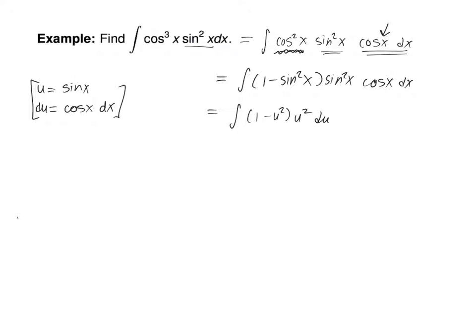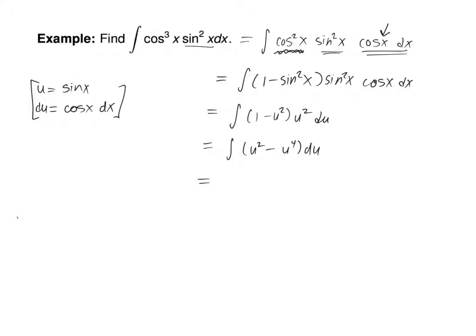Yep. So now what do you do next? Distribute. Integral u squared minus u to the fourth. Everybody say the answer with u's as loudly as we can, bother the class next to us. What's the antiderivative of u squared minus u to the fourth?